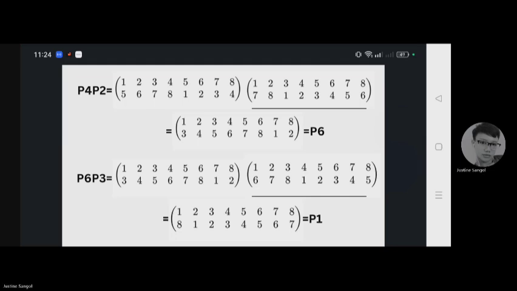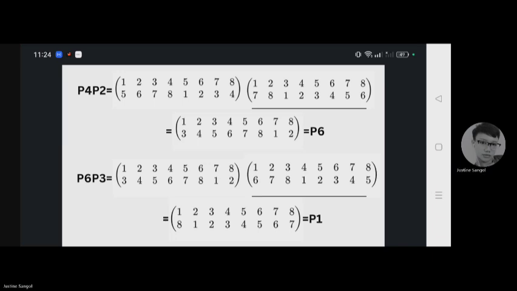So rho 4 times rho 2 is equal to... When we are multiplying two elements, we will start to operate from the second one to the first one. So the underlined one, we will operate to the first one.